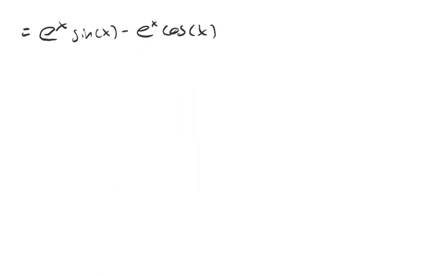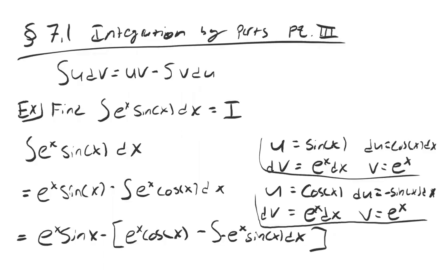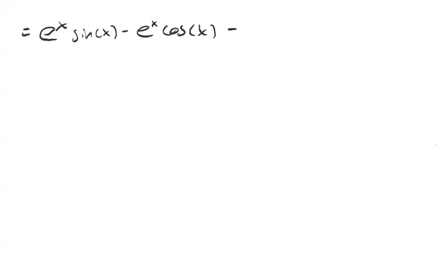Let me double check that I have all the minus signs right. Two minus signs here, plus a third minus sign, so I'm going to have a minus sign overall. That's good. Minus the integral e to the x sine of x. Okay, so I've simplified it, and this is what I'm left with.